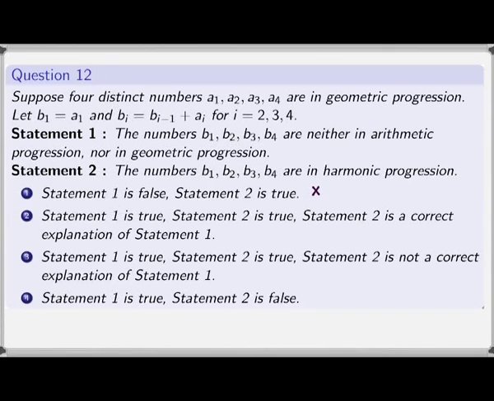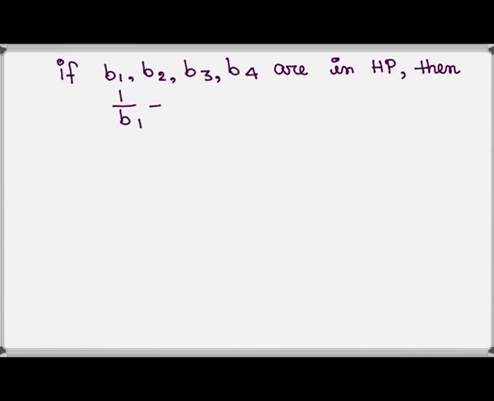Next we check whether statement 2 is correct or not. For that we have to check whether b1, b2, b3 and b4 are in harmonic progression or not. If b1, b2, b3 and b4 are in harmonic progression, then we must have 1 by b1 plus 1 by b3 is equal to 2 by b2.